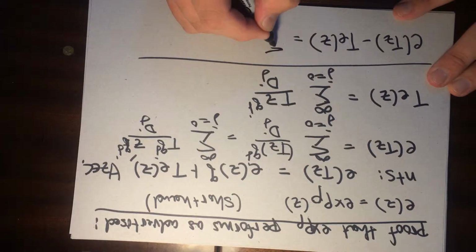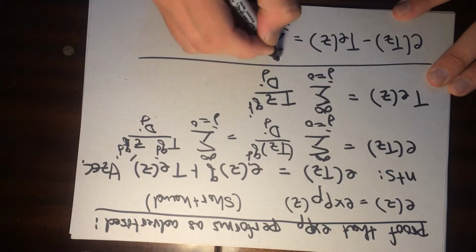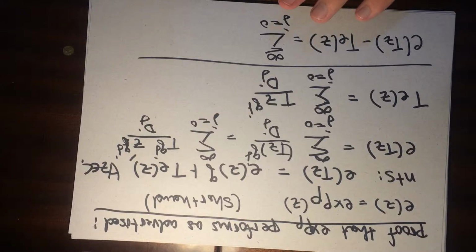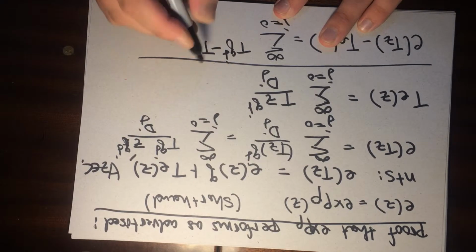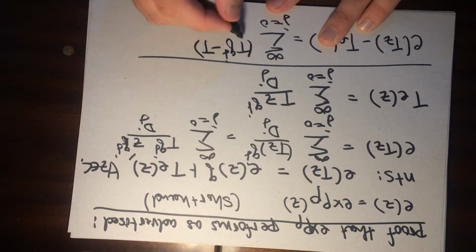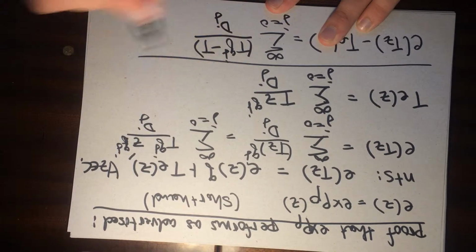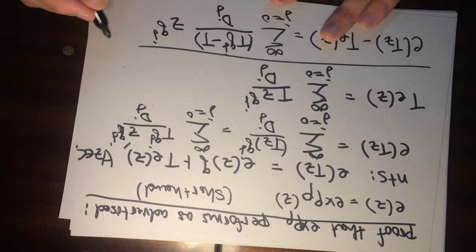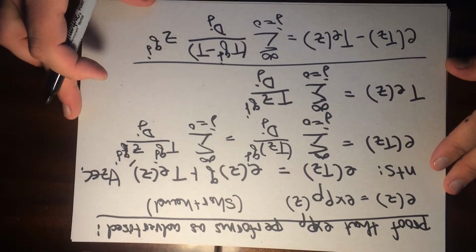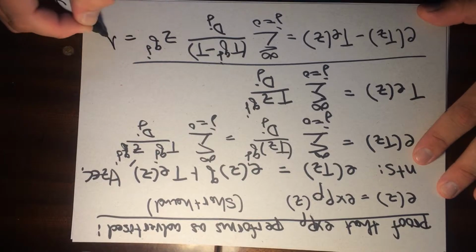So this is a sum from j equal to 0 up to infinity. And now, what do we have? We have (T to the q^j minus T) divided by D_j times z to the q^j, like so. Okay, and let me call this star.